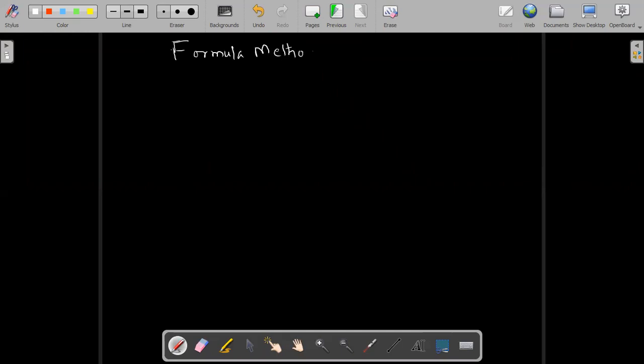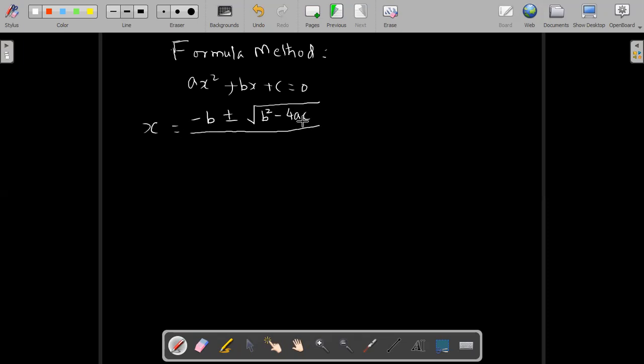Formula method in general is, if you are given a quadratic equation ax square plus bx plus c is equal to 0, then by the formula method we can write x is equal to the formula you have to remember: minus b plus minus under root b square minus 4 into a into c, and this whole value is divided by 2a. This is the formula method.